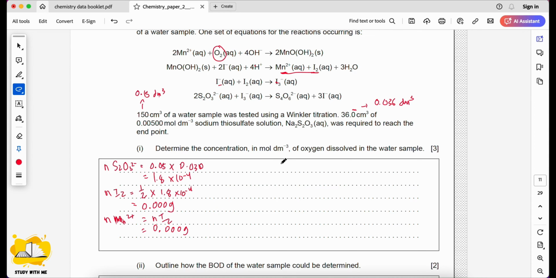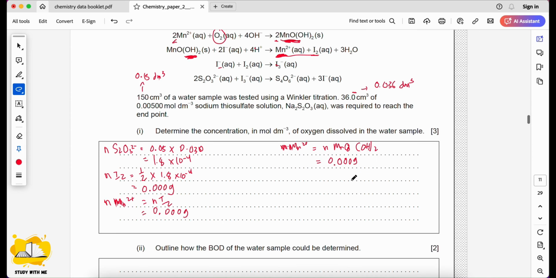And next, the mole of Mn2+ with Mn(OH)2. In this reaction, Mn(OH)2 and Mn2+ are the same, even here the coefficients are the same. So the mole of Mn(OH)2 is also 0.0009.